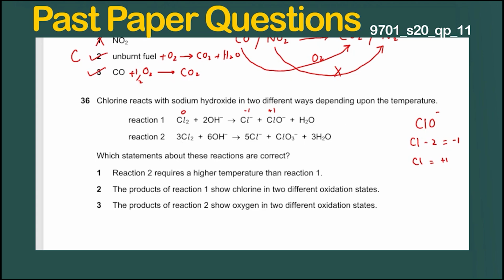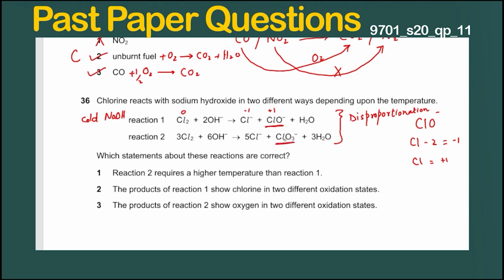And the second one is also a self-oxidation and reduction reaction. Disproportionation reaction is called a self-oxidation and reduction reaction. The first reaction in which ClO is formed, that is with the cold NaOH.